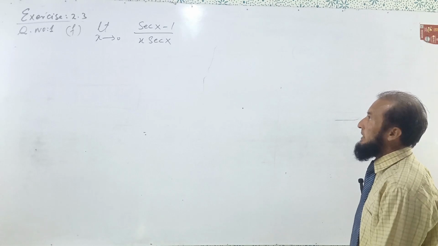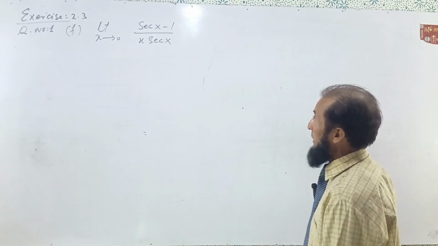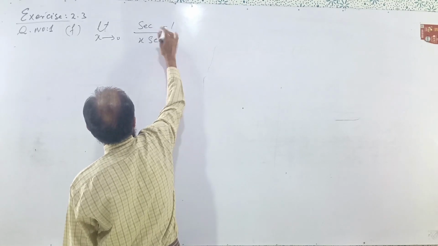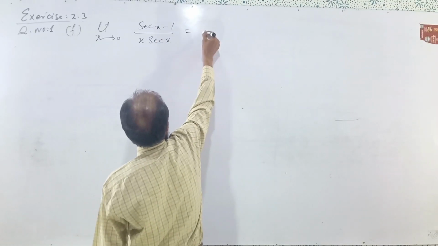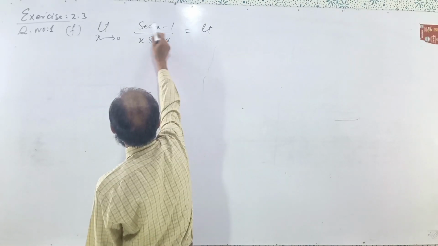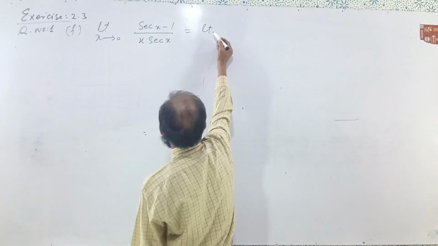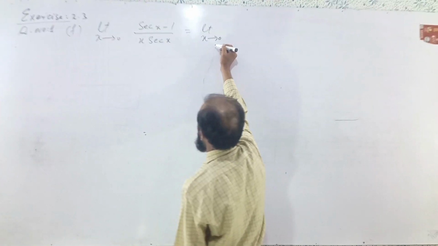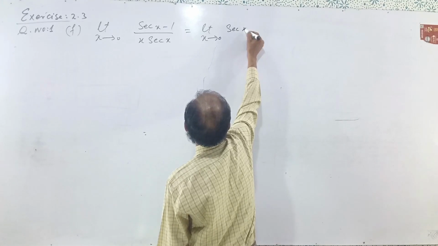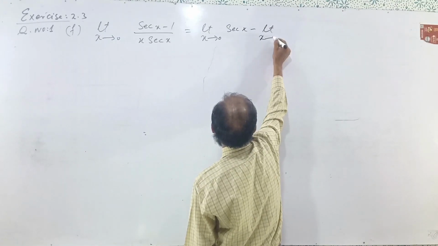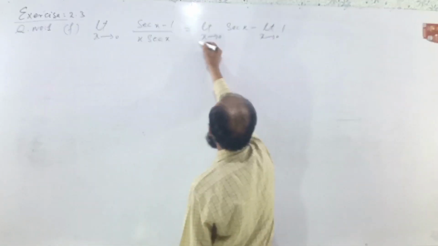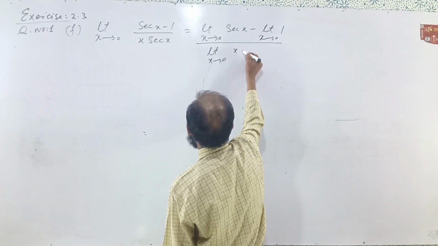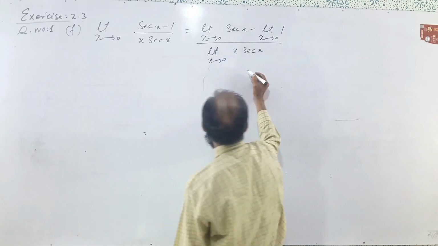Next, limit x tends to 0 of secant x minus 1 divided by x into secant x minus 1. Now we apply limits on the numerator and denominator terms, on each term: limit x approaches 0 secant x minus limit x approaches 0 of 1, divided by limit x approaches 0 of x secant x.